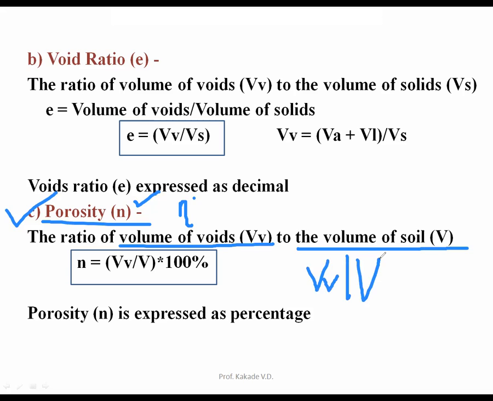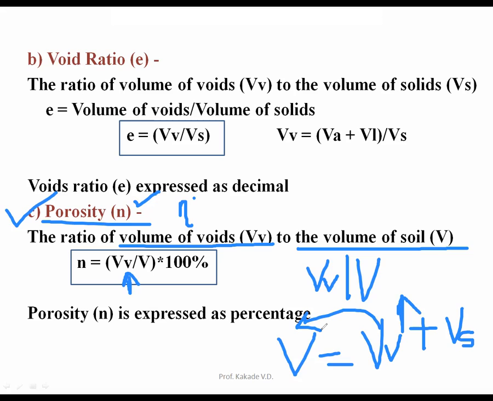So Vv divided by capital V. Here you can understand that even if the volume of voids increases, it does not go beyond 100%, because capital V equals volume of voids plus volume of solid. So whatever the increase in the volume of voids, it is added to the total volume. So the limit for porosity is up to 100%, or we could say 0 to 1. It might be represented as a percentage or a decimal also.